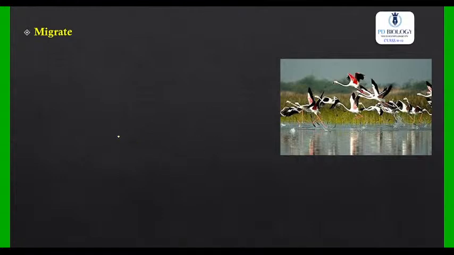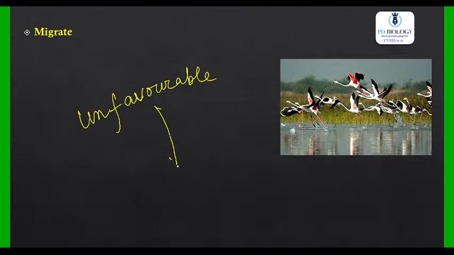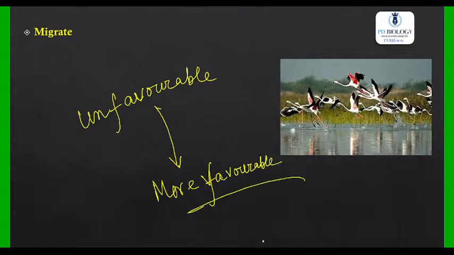So that means they can migrate temporarily from unfavorable habitat to more favorable habitat, and return from there when the unfavorable period is over.